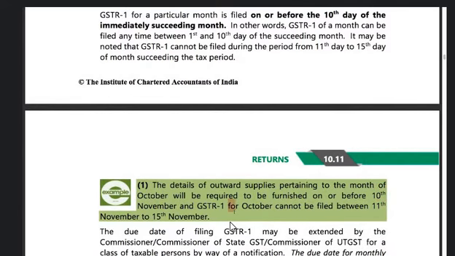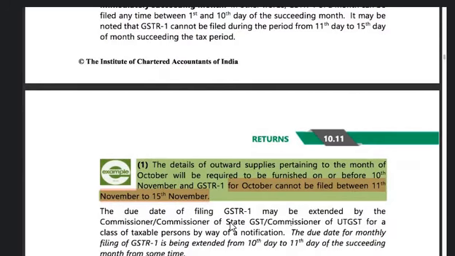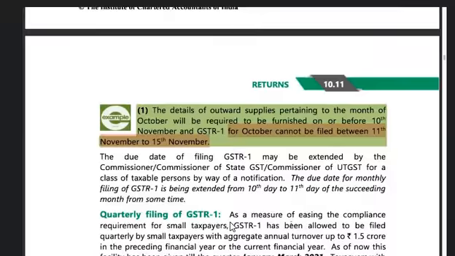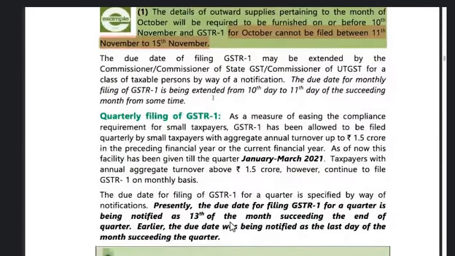This part you ignore, it is not applicable now. This has been removed. This part and all is not applicable. You can file the return even after 11th. And the due date of filing the GSTR 1 may be extended by the Commissioner of the State or GST Commissioner depending upon the situation.